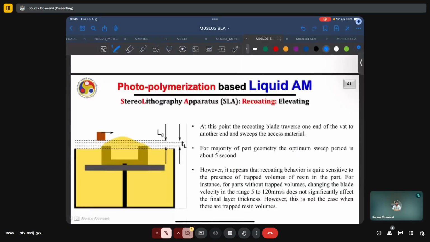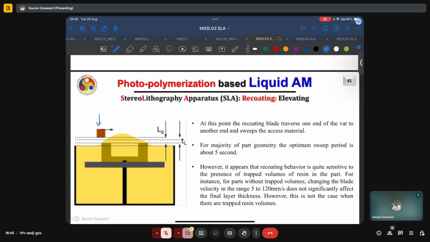Now imagine if the recoating blade or recoating roller, shown here, were to pass over the entire layer of resin in the vat. It would have introduced surface waves over the entire vat, and the resin would have actually adhered to and stuck to this doctor blade and moved with it because of viscosity.